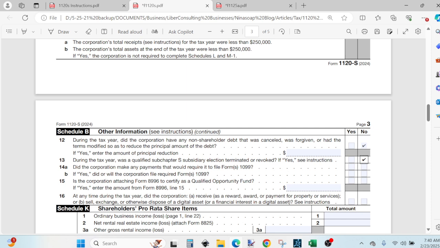No. Did the corporation make any payment that would require it to file Form 1099? No. But again, those are what will be expected from you. If yes, then did the corporation file it on time, or will it file it on time? I don't know if that will be confusing. I'm just going to leave a blank there because they say if yes.